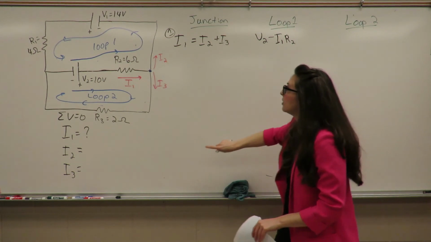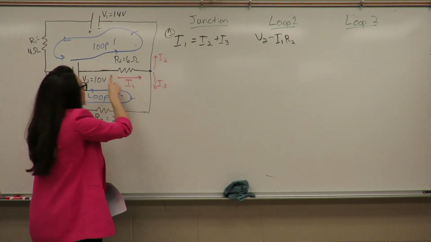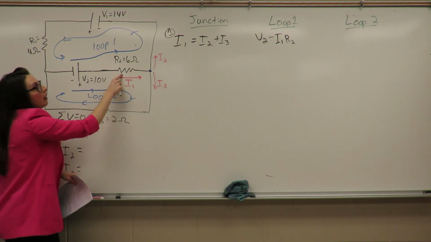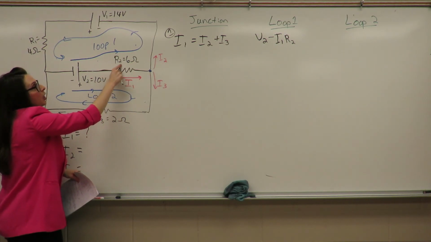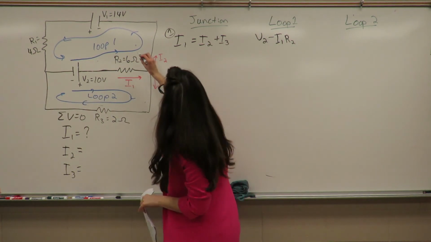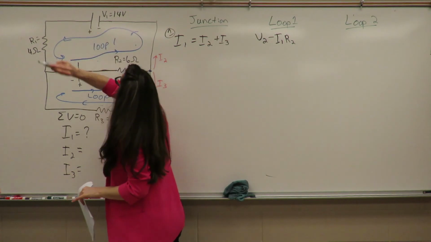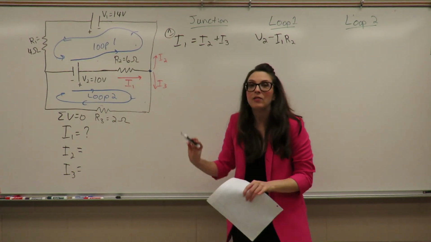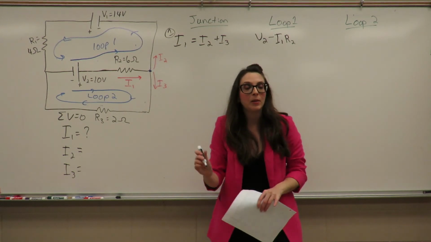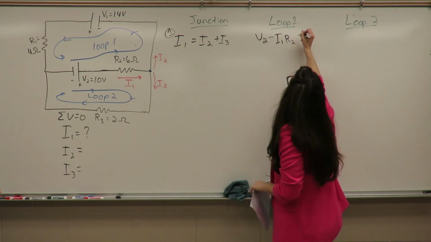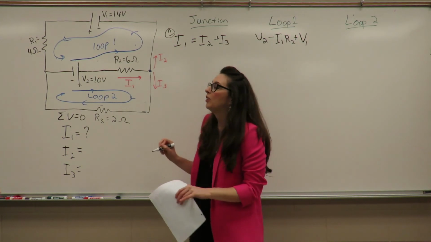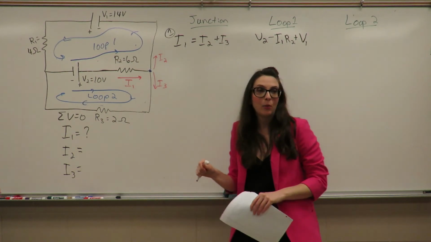So this is the potential difference that we lose or decrease as we go across this resistor. We've got current, which we called I1, moving through resistor 2, so I'm going to say minus I1 R2. And then along the loop, I'm going to go through the other battery, from the negative to positive terminal. That's an increase in my potential, so I'm going to call that positive V1, where I've labeled V2 and V1 as the EMFs of the batteries that we're using.